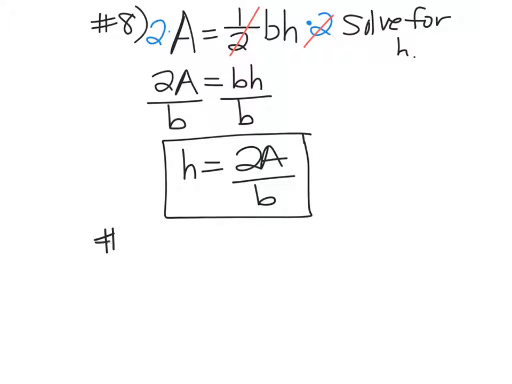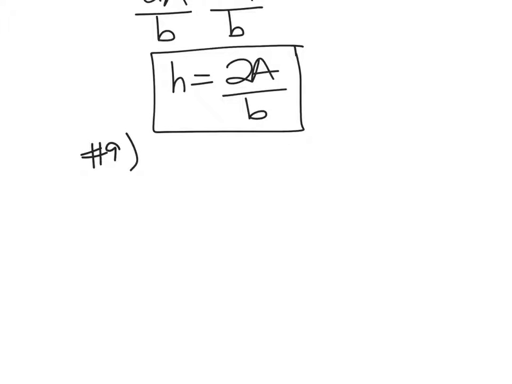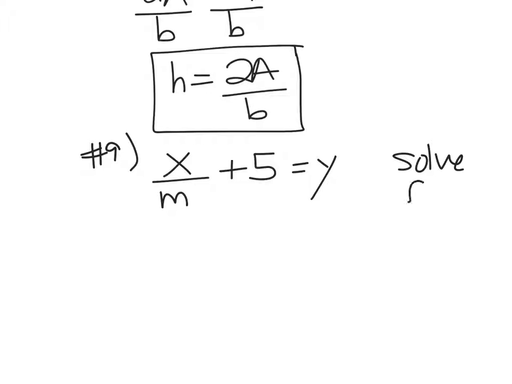All right, number 9. Here we go. Now, these are going to be equations that don't really mean anything. They're going to look something like this: x over m plus 5 equals y. This is getting us ready for chapter 2. And they're going to ask you to solve for x. Multiply m, subtract 5?